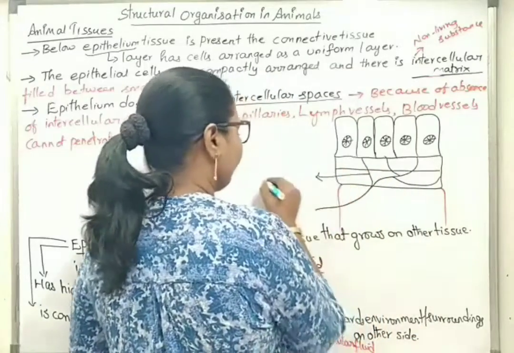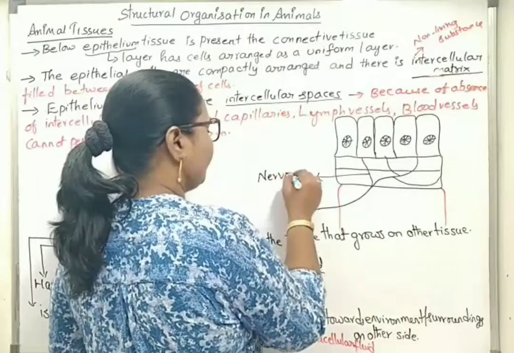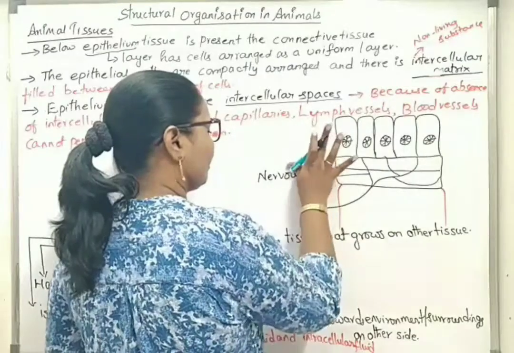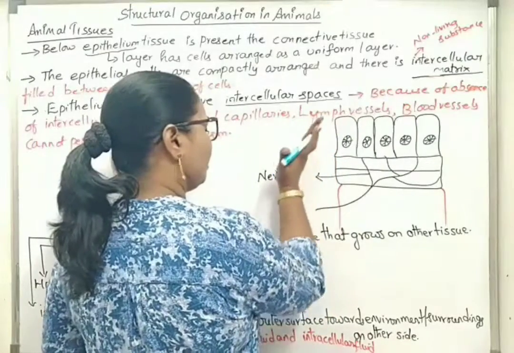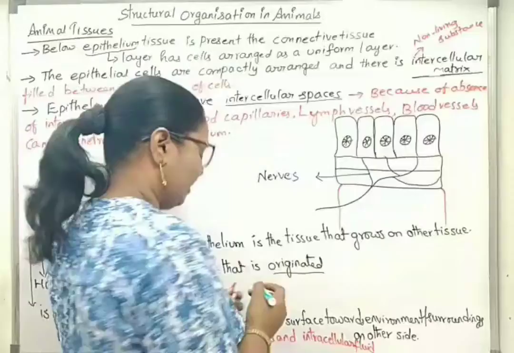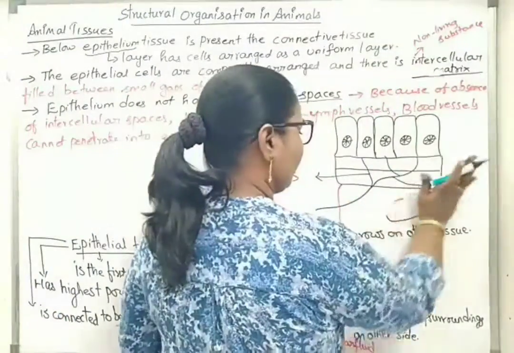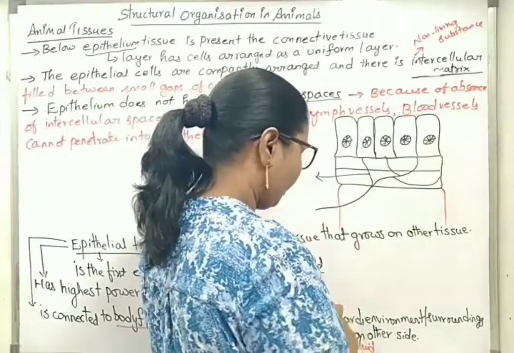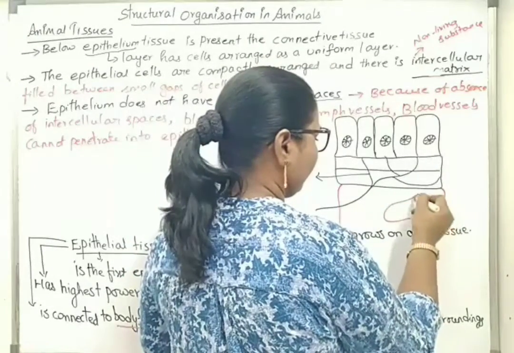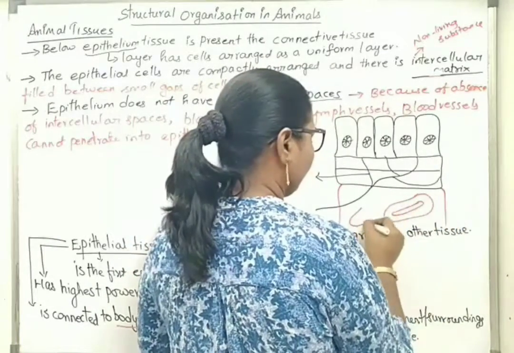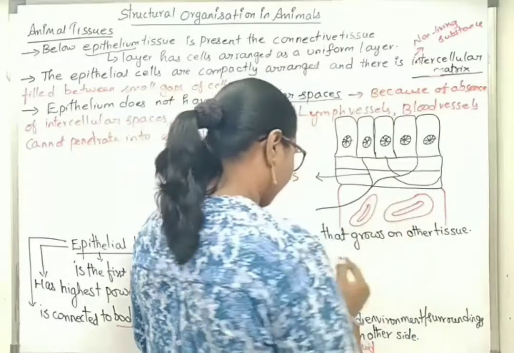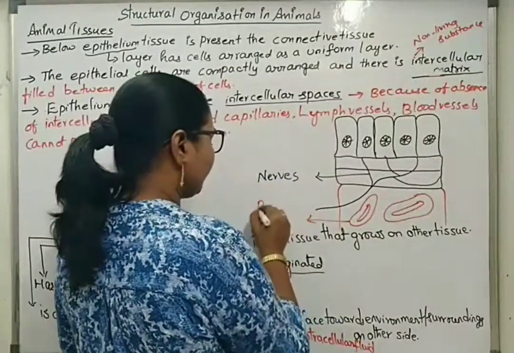So these are nerves. These are blood vessels.